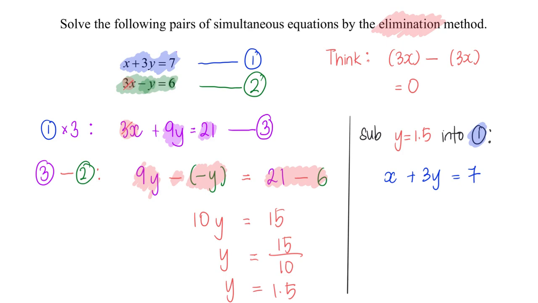Mr. Tan will substitute this y with 1.5, so that we will be able to get the following answer. Okay, 3 times 1.5 is 4.5, and after which x will be equals to 7 minus 4.5. x equals to 2.5.